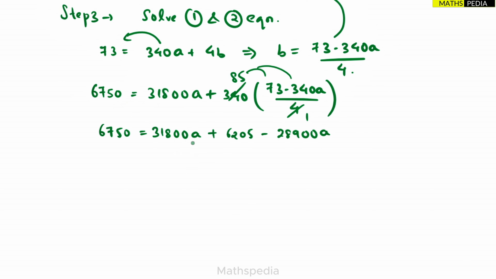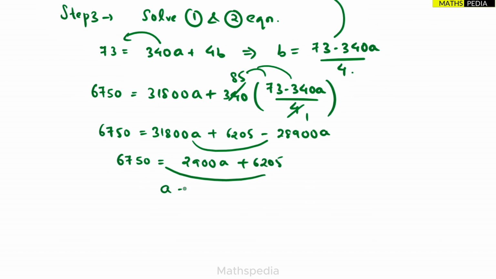Okay, now these two values, if you see, you have to just subtract. So 6750 equal to 31800a minus 28900a plus 6205. These two you can subtract, so you will be getting the a value as how much?